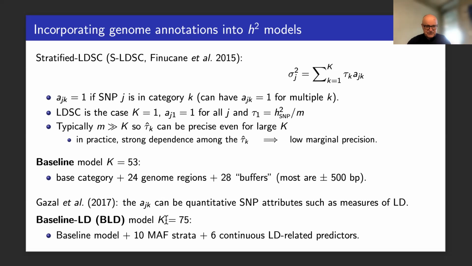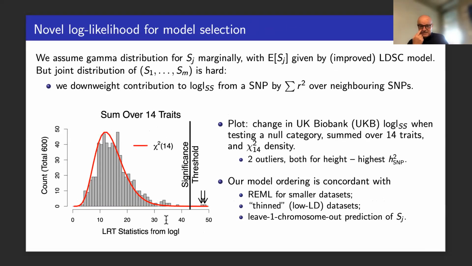But eventually, of course, statisticians will want to have a sort of likelihood-based comparison. So Matthew Stevens and colleagues have published a likelihood for summary statistics, with the parameters being the effect sizes, but it was very difficult to use, and we couldn't use it easily for model comparison.